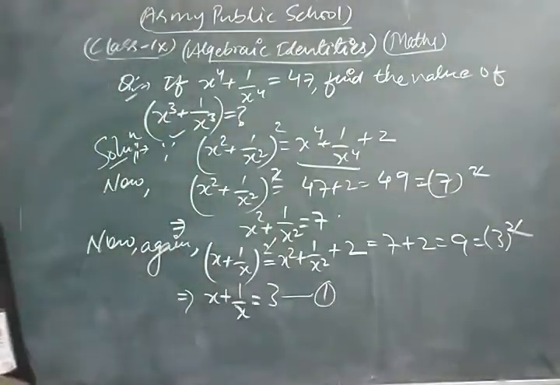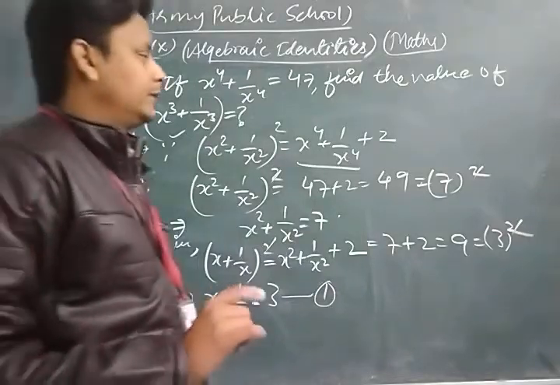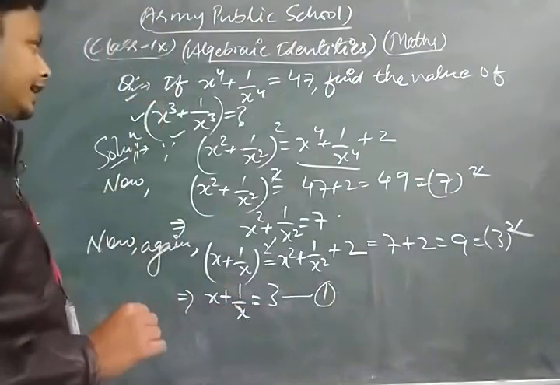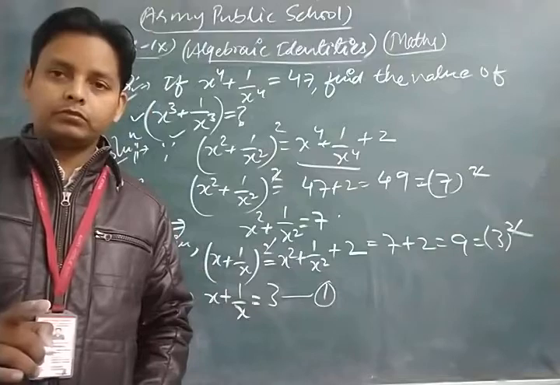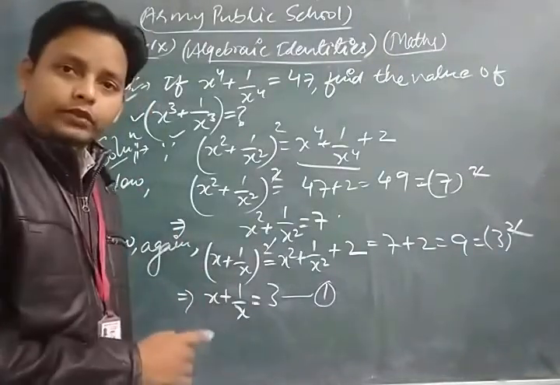Okay, now what do I do? Now look, we just need to find the value of x cube plus 1 upon x cube, right? For that we take the cube on both sides of equation 1.